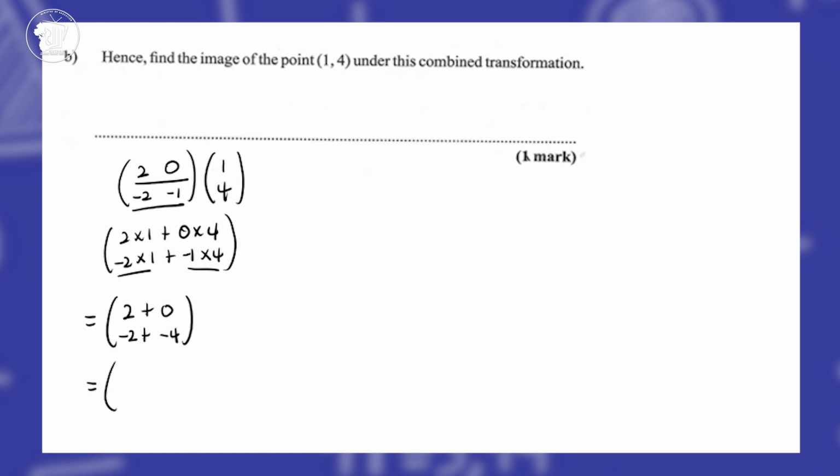This will then be 2 plus 0 is 2, and -2 plus -4, like -2 minus 4, would be -6. Therefore the image of the point is 2, -6.